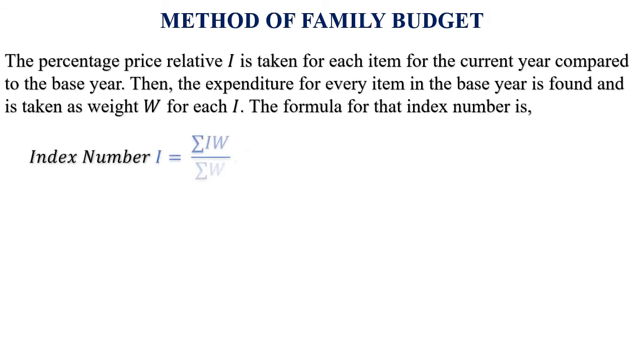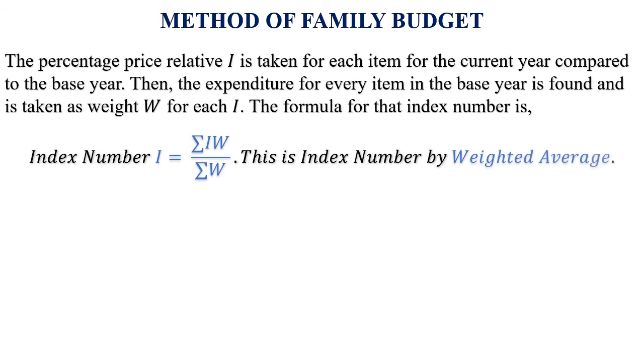Yes, it's the weighted average index number formula, that is summation IW upon summation W. So total expenditure method uses Laspeyres' or Paasche index numbers, whereas the family budget method uses the weighted average index number method. So we have to calculate the summation IW upon summation W. That would be the index number for family budget. So the title will be cost of living index number by the family budget method using IW upon W.